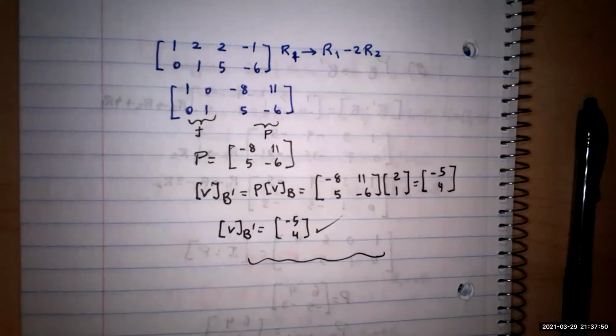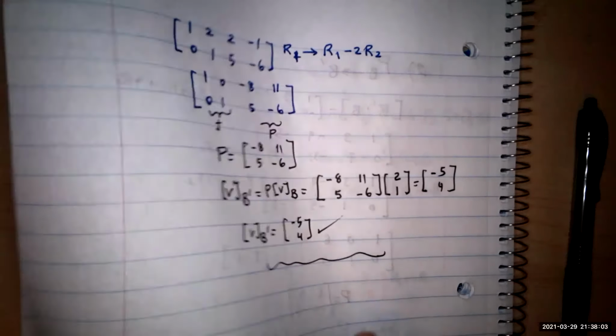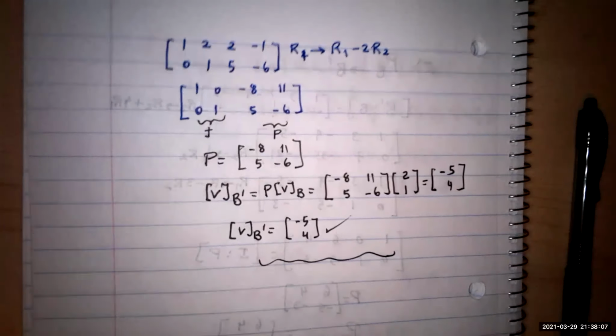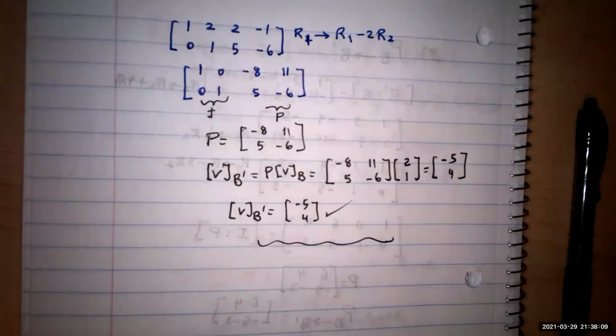You change the base several times to make things easier, if you like. This is the idea of the change of basis, but we are not going to use it quite a lot in this course. Okay, so that's 4.4.6.